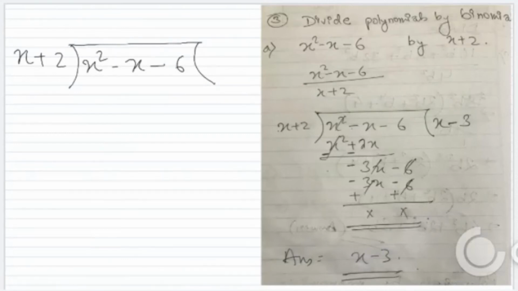So what I want you to do is focus only on x square and these two. So x into what number is x square? x into x itself is x square. So I write here x. So my x into x is x square.